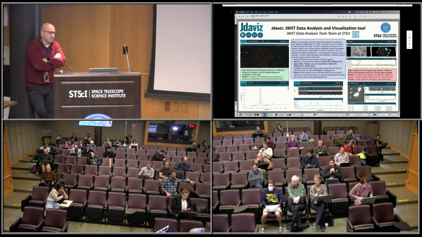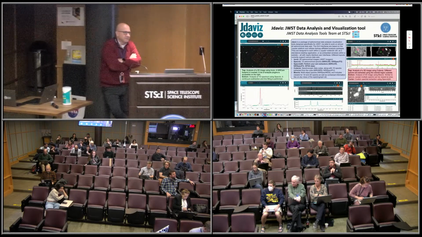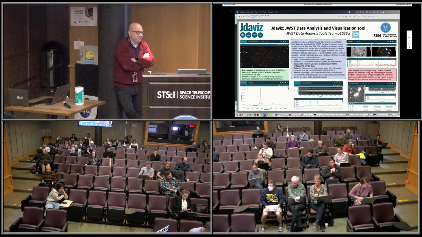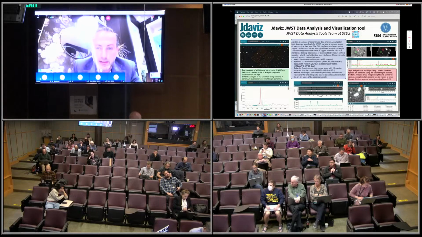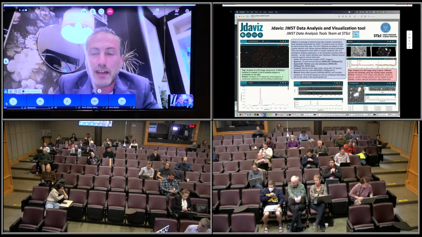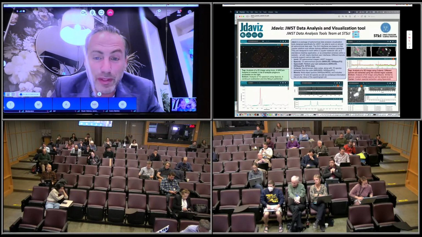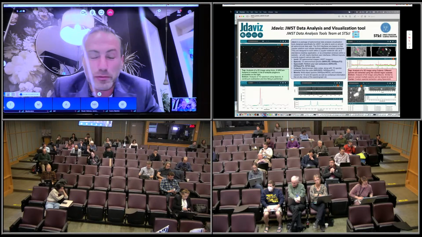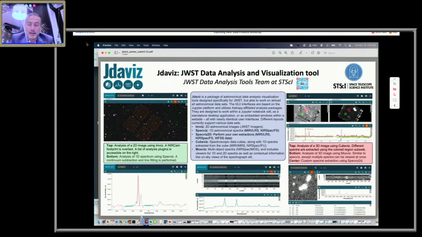This is a tool suite that's been put together by Space Telescope to specifically support JWST data products. This is not necessarily meant to replace all of the great tools that the community has been using over the years, including DS9.